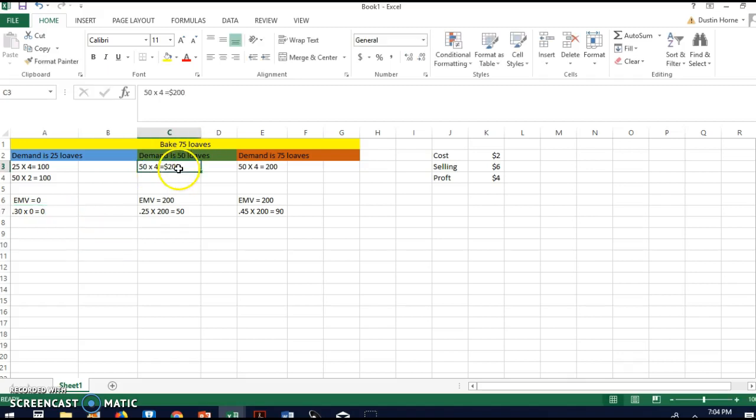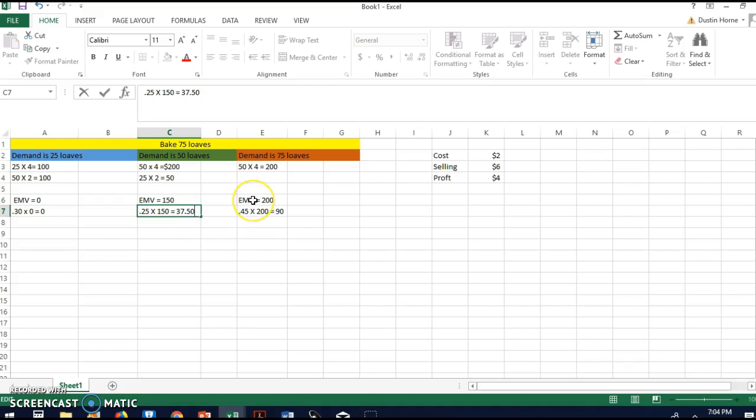Okay, let's say we bake 75 loaves and the demand is only 50, well, we would sell those 50 and make $200. But there's 25 loaves that we did not sell. So 25 times the cost means we lost $50 because we made too many. So 200 minus 50 would be 150, and then 0.25 times 150 is 37.50.